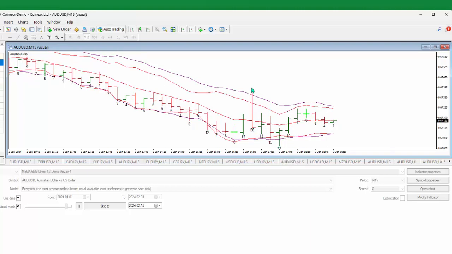And you would have made in that trade about 35 pips. That one trade alone would pay for your month of using this EA. Okay, so I'm going to turn it back on now so that it will keep going, and then I'll speed it up a little bit to make it go faster.